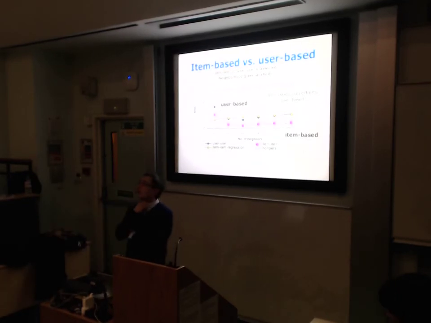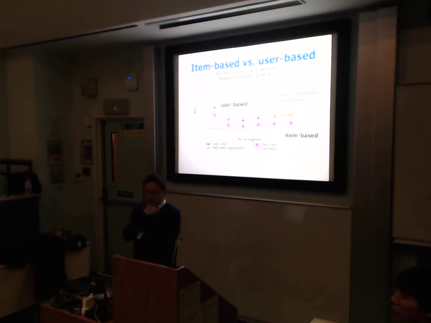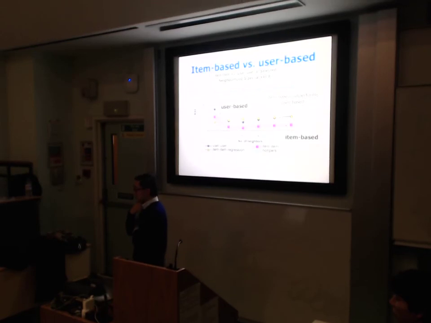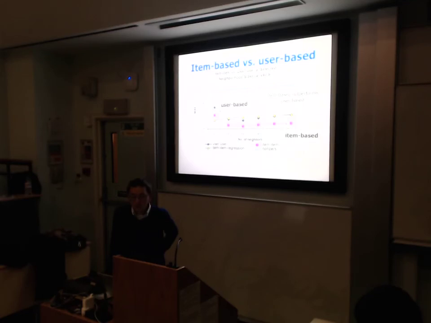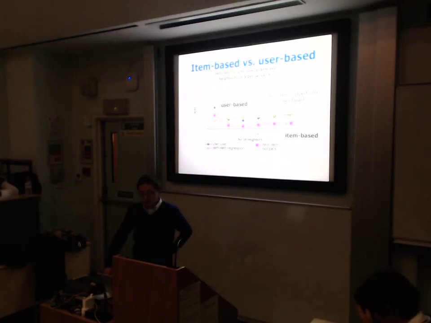Any other opinions on this? Content doesn't have temporal changes. Yeah, so another reason might be temporal changes. Items might be more stable, whereas the similarity between users may not necessarily be stable.